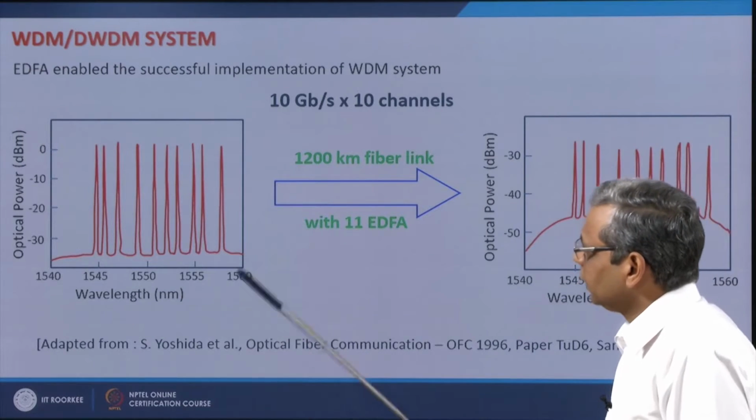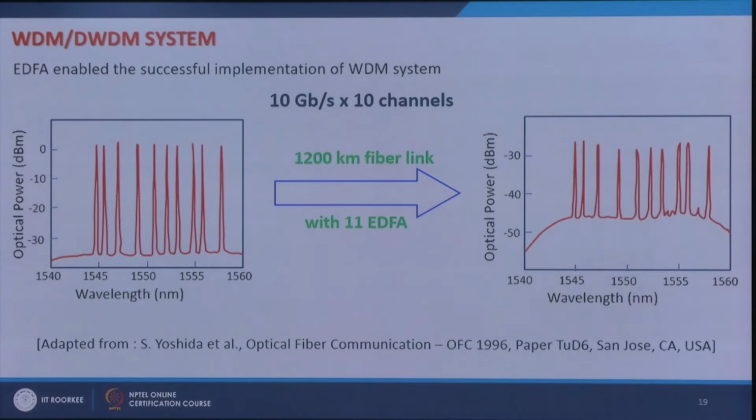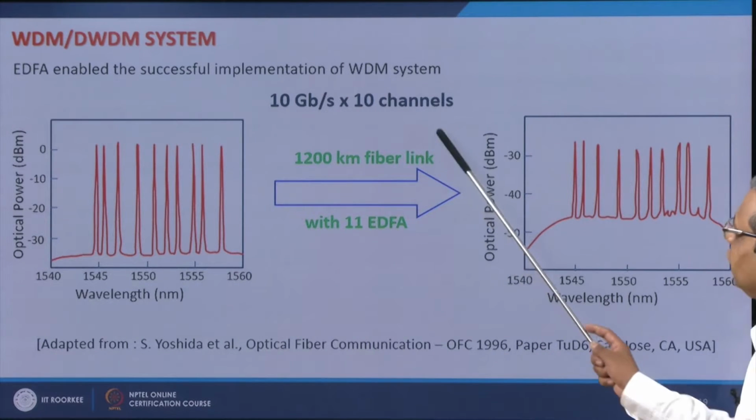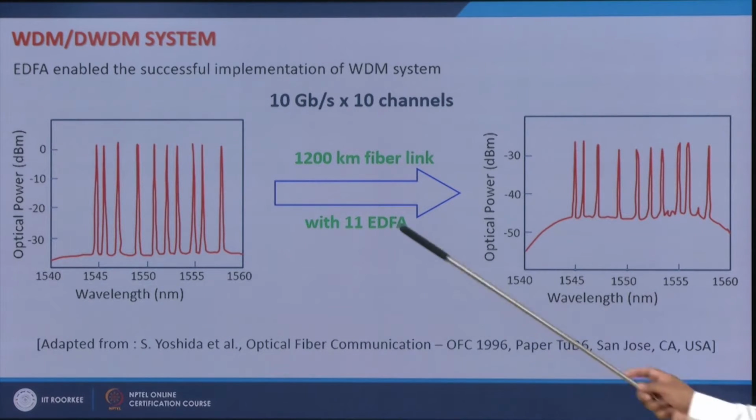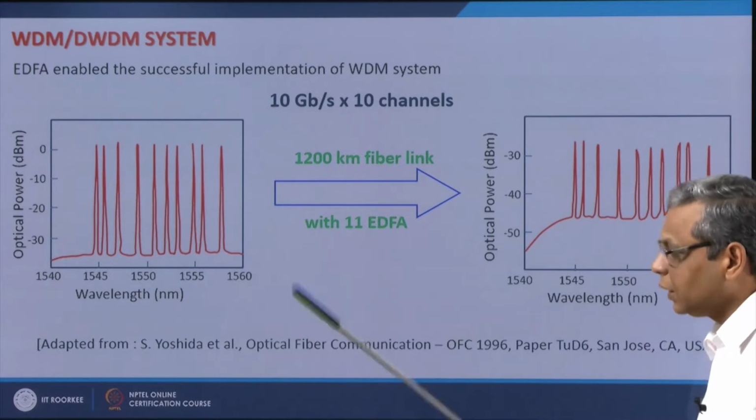This is a typical WDM system which gives you a data rate of about 100 Gbps through a single fiber link of 1200 kilometer. It employs 11 EDFA in between.